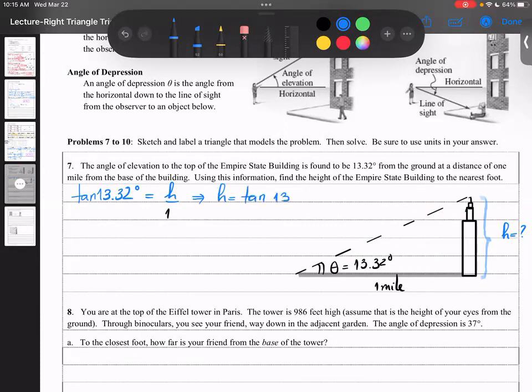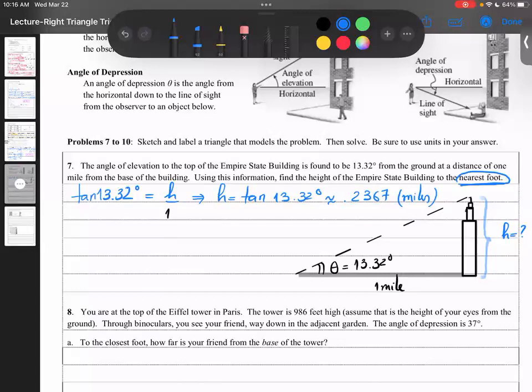Well, h divided by 1 is just h, so h equals tangent of 13.32 degrees. And you plug into your calculator. Let me help you with that. 0.2367 miles. They want it in feet, to the nearest foot.